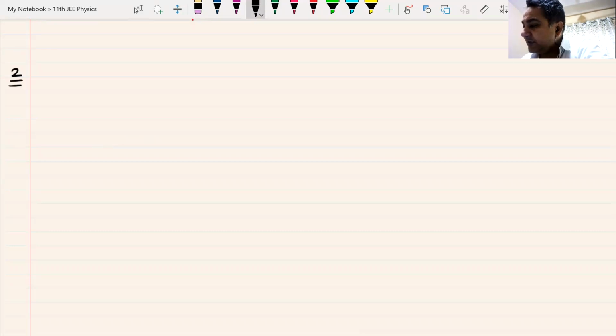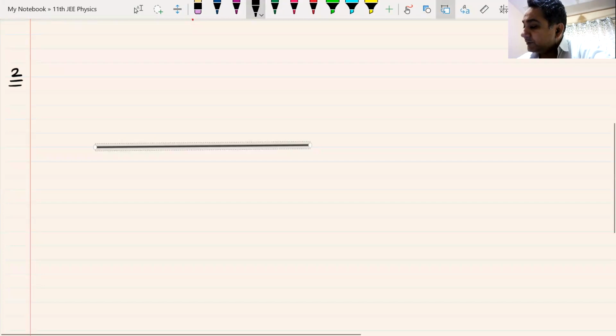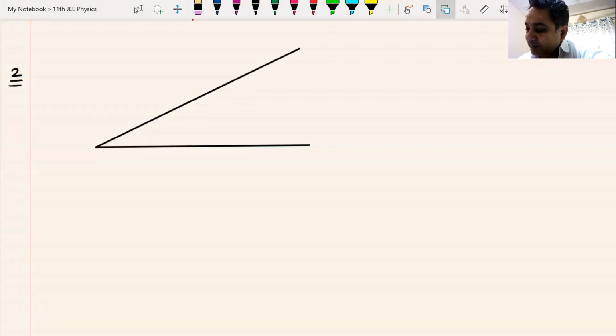And how does it look like? Let me try some figures. Okay. So I have an incline here, incline at an angle of 37 degrees.